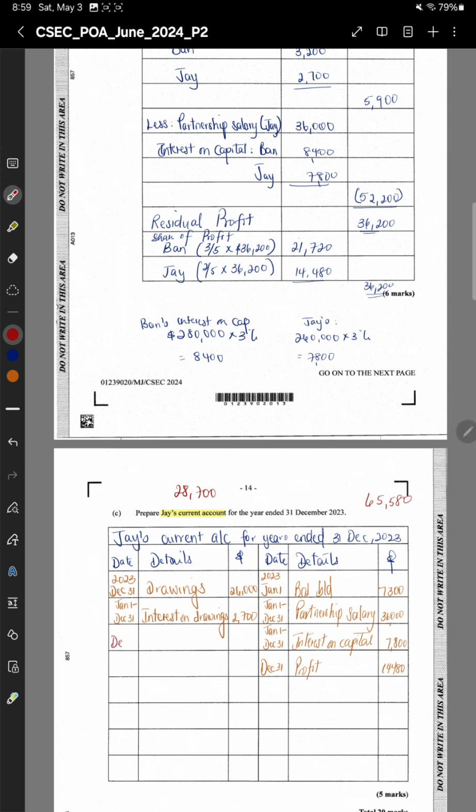This is going to be December 31st. Balance carried down, and that's going to be 36,880. This will give you a sum of 65,580. Double line.